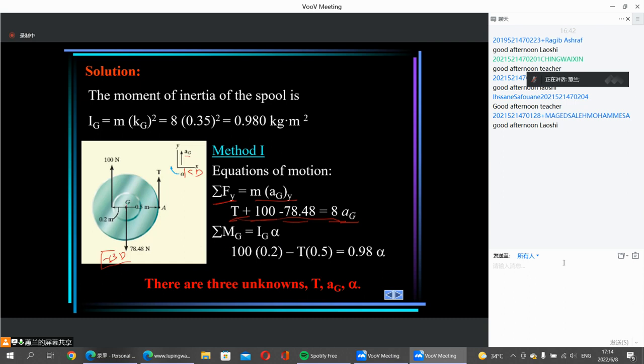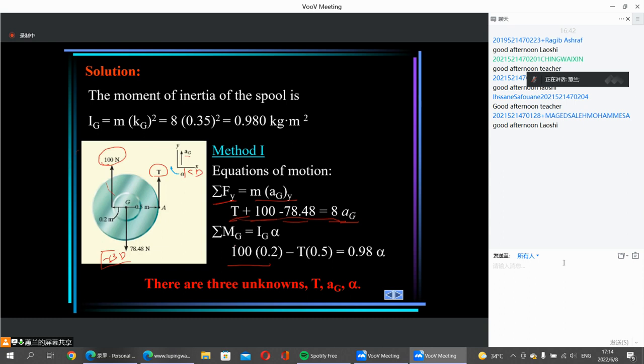FBD and KD are two equivalent force systems, so they should have the same moment about any point. We choose the mass center to write down the moment equation. So sigma MG equal to IG alpha. When you calculate the moment about the mass center, the 100 Newton force and the tension force have moments about G. The 100 Newton is clockwise.